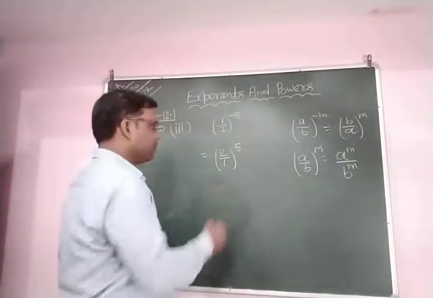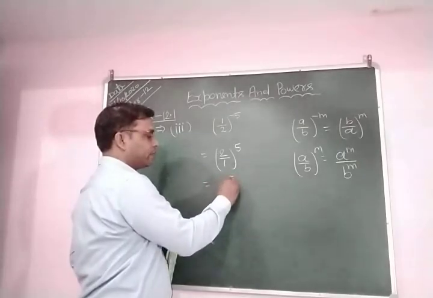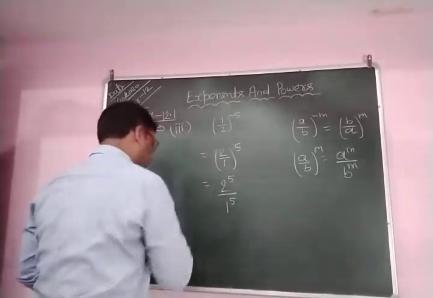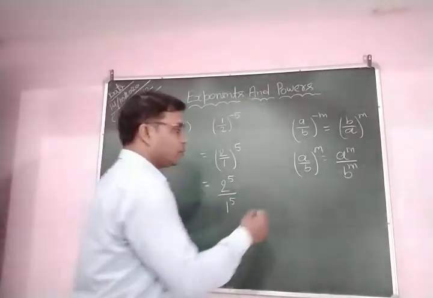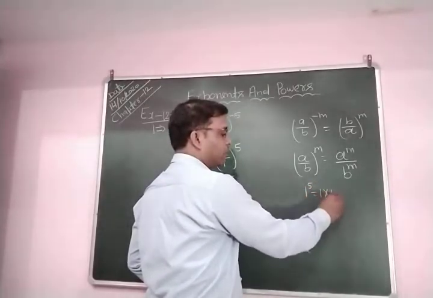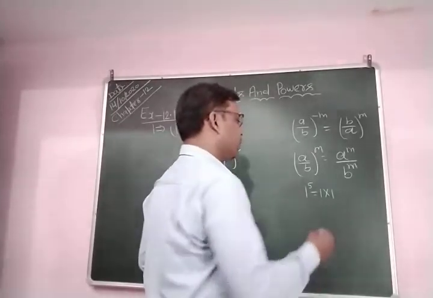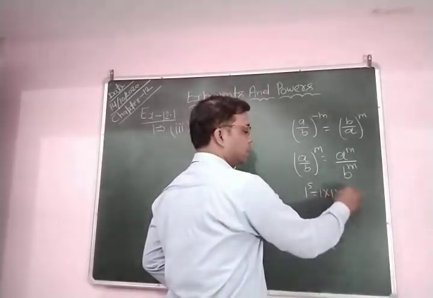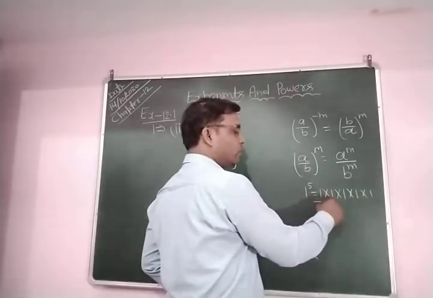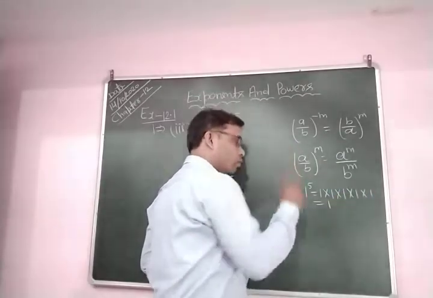So here we can write 2 to the power 5 by 1 to the power 5. Clear? So 1 to the power 5 means 1 multiplied 5 times by itself, 1 into 1 into 1 into 1 into 1. This is equal to 1.